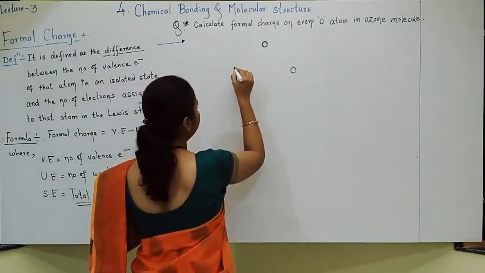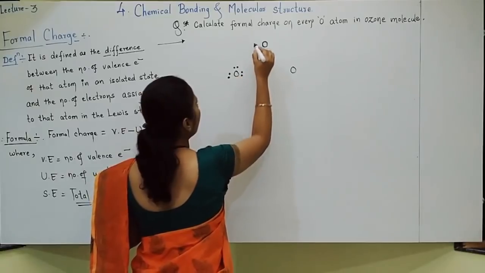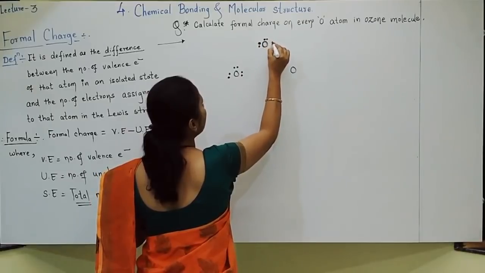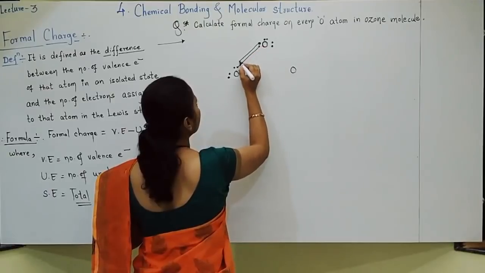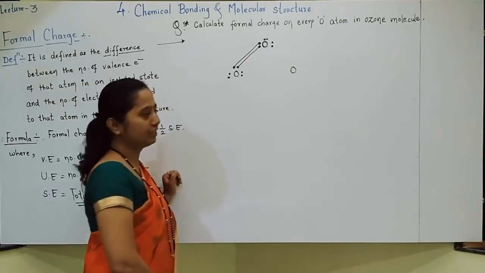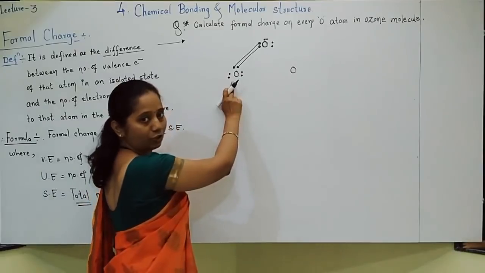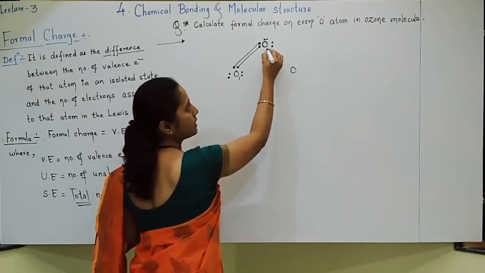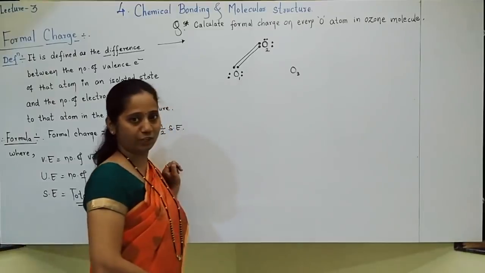So see here, I hope the dots are very well visible to you students. I am putting little big dots so that they are visible to you. 6 electrons surround this oxygen. I will call this oxygen 1. This is our oxygen 2, and this is our oxygen atom 3.